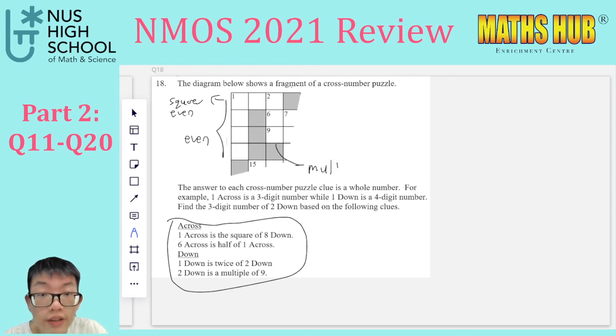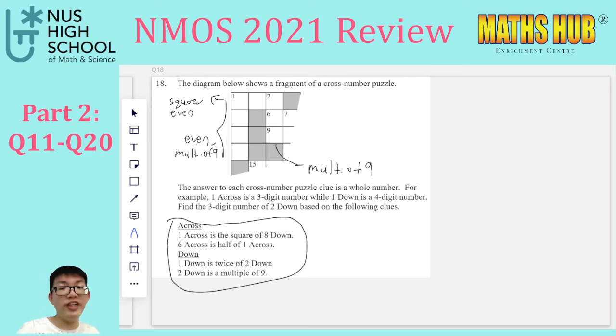If 2 down is a multiple of 9, and 1 down is twice 2 down, that means it is also going to be a multiple of 9. But this doesn't seem to be quite enough information, because this is an even multiple of 9, and then there's just some even square number here. What am I supposed to do?